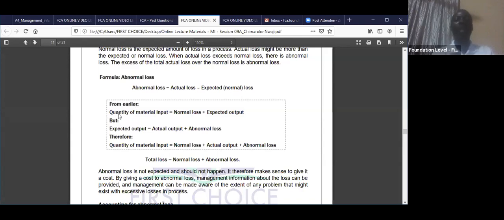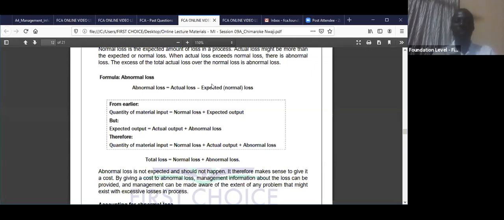Now, from earlier, we have quantity of material inputs, which equals our normal loss plus our expected outputs. We know that from the previous formula. We now said expected outputs is equal to actual outputs plus abnormal loss.